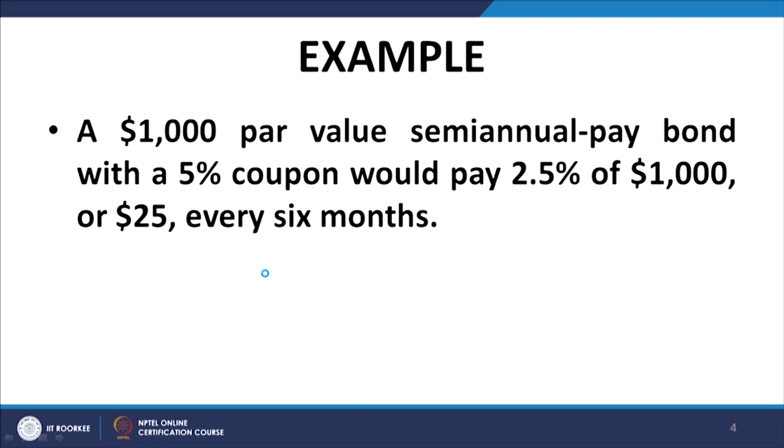For each half year, based on the convention that we follow in the money market, this coupon rate is halved. So, for each half year an interest rate of 2.5% is paid. 2.5% of what? Of the face value of 1000. So, the actual payment of interest would be 2.5% of 1000, that is 25 units of money at the end of every 6 months.